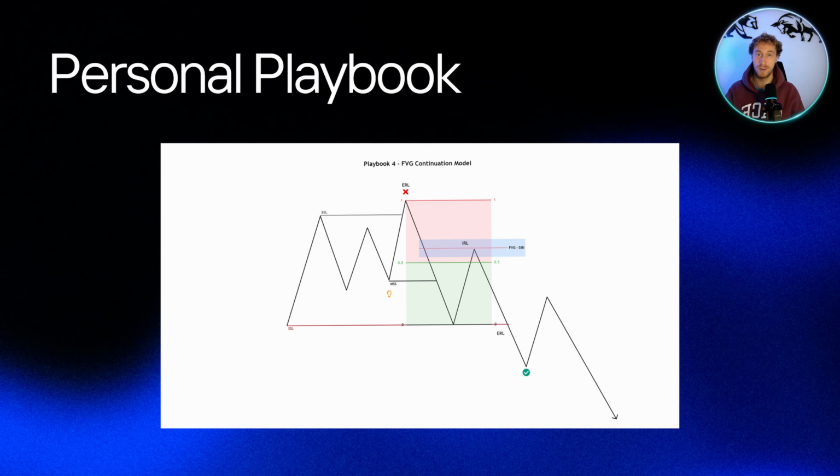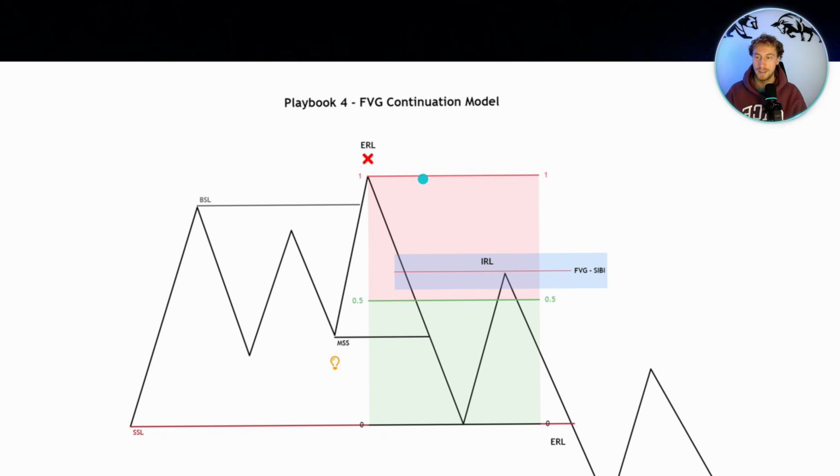So from a higher time frame perspective, from the daily chart, I think that price will trade lower, and therefore I'm looking for this fair value gap continuation model in a bearish order flow. So the first thing I want to see is that the market is trading higher, taking out buy side liquidity.